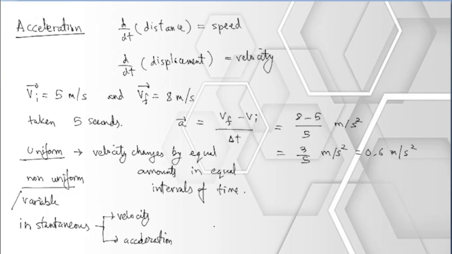So the formulae for instantaneous velocity or acceleration are very similar. It's just that if you have instantaneous velocity, you need to specify the change in displacement by change in time, where the change in time is tending to zero, or where the time interval is very short.